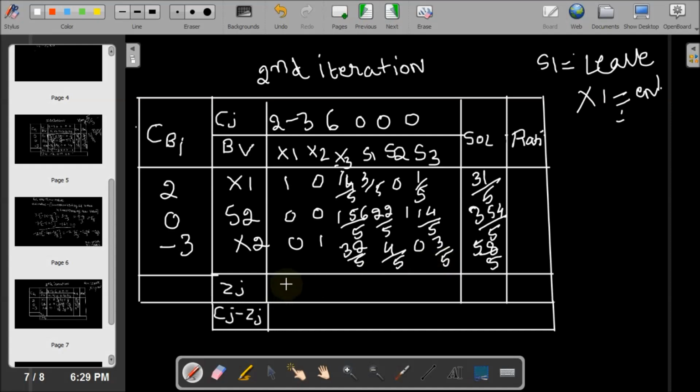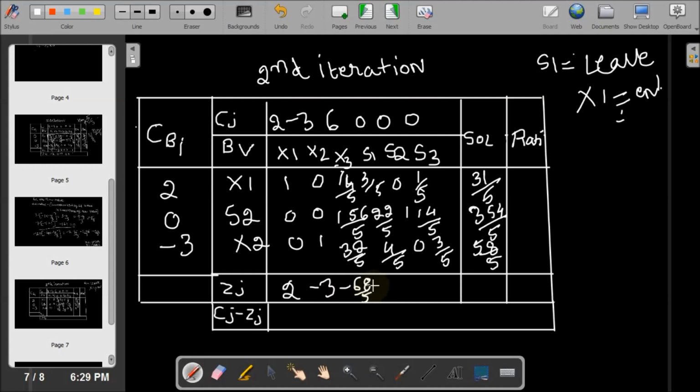So directly I will write this. 2 minus 3, what is that? 2, minus 3, minus 68 by 5, minus 68 by 5.